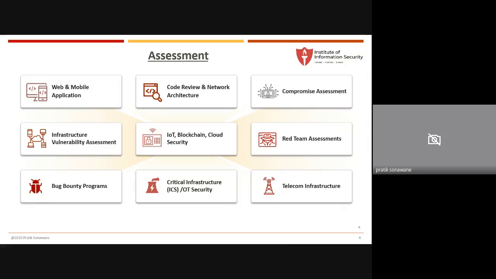Okay, so moving to telecom infrastructure. Telecom infrastructure here refers to everything telecom related, because they are the ones providing the entire back-end infrastructure. In case they are attacked, it will be a very big loss.